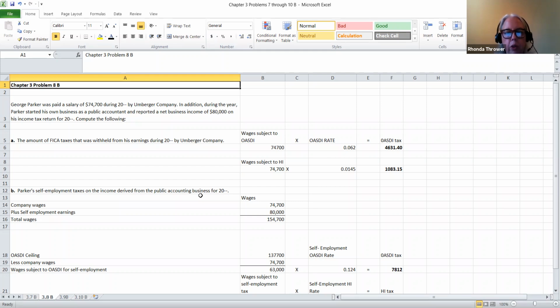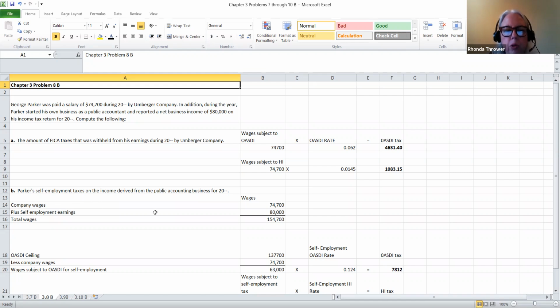So the self-employment taxes, what you've got to remember in this case, or the trick to Part B, is that there is a ceiling on the amount of taxes that a person will have to pay for OASDI or Social Security taxes. That ceiling is $137,700 for this employee, George Parker.